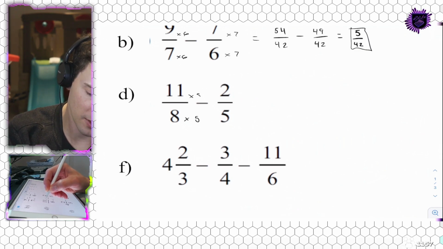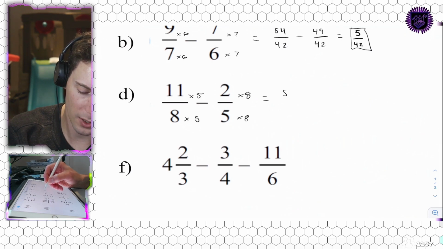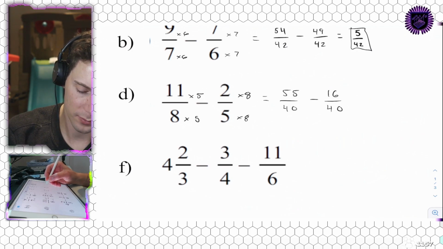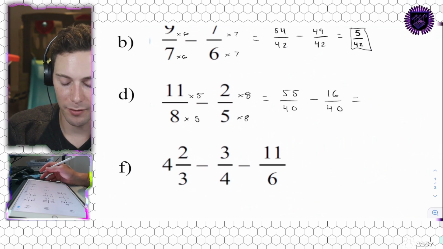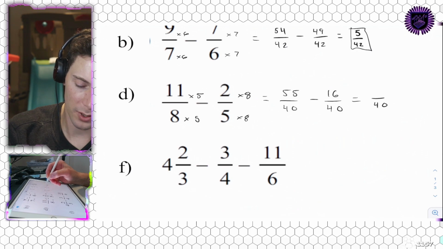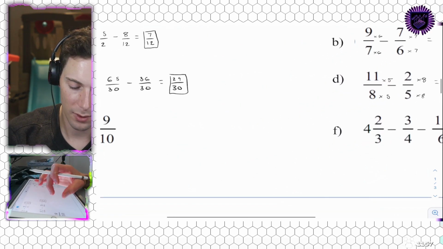Times 5, times 5, times 8, times 8, which will equal our new equivalent fraction of 55 over 40 minus 16 over 40, which will equal 55 minus 10 is going to be 45, and 45 minus 6 more is going to be 39. 39/40ths. That's the end of those questions. Do not need to simplify that.